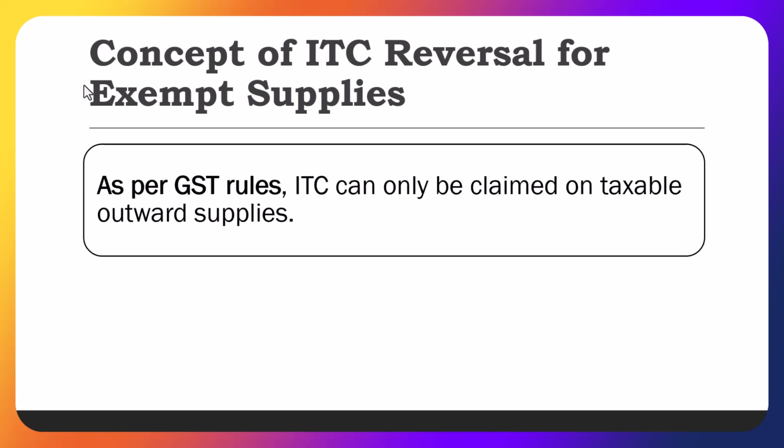Similarly for services also. So in case you are supplying both taxable as well as exempt, then the entire input tax credit will not be available to you. If you have purchased a lot of material on which you have paid GST, you have to make a reversal to the extent of exempt. So we'll understand that. As per the GST rules, ITC can only be claimed on taxable output supplies.